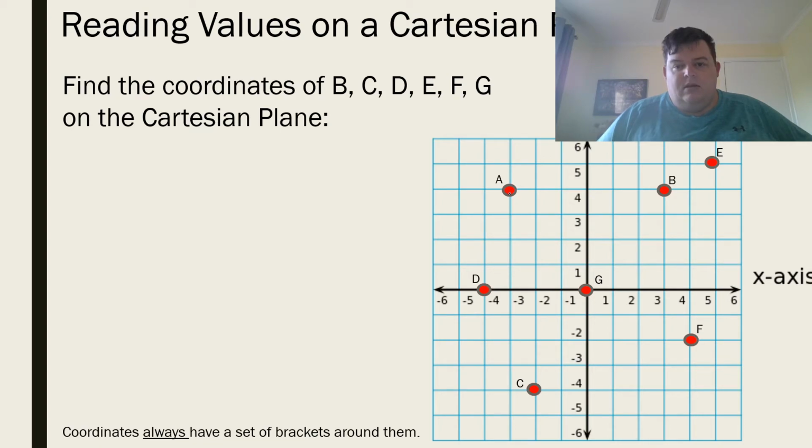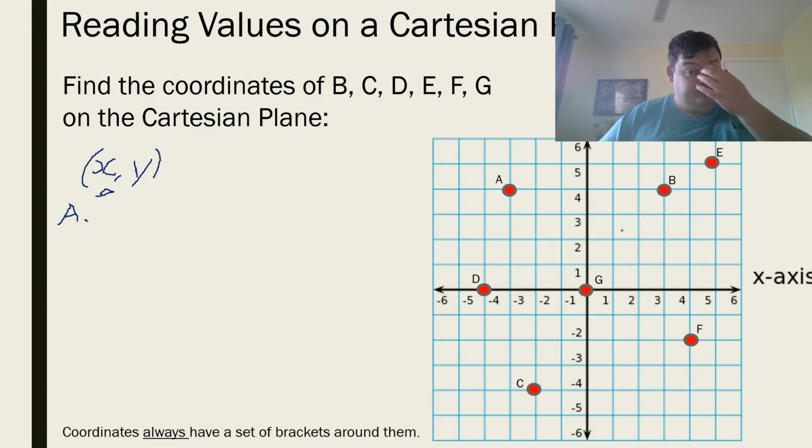Okay. So point A, all I'm doing is figuring out, I know that points need to be written in the format x over y, and you should probably put brackets around them. That's x, y. Okay. So point A, I want to find the x value first. Here I'm going to write A, so I know that this is point A. The x value, I look, where does this line up with the x-axis?